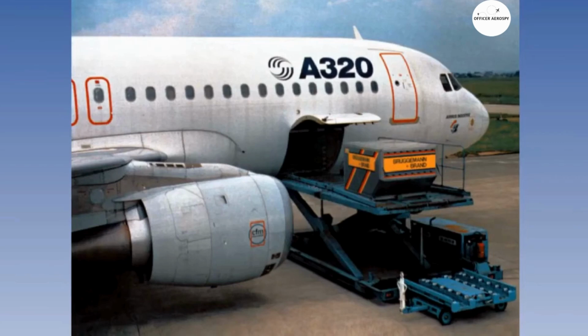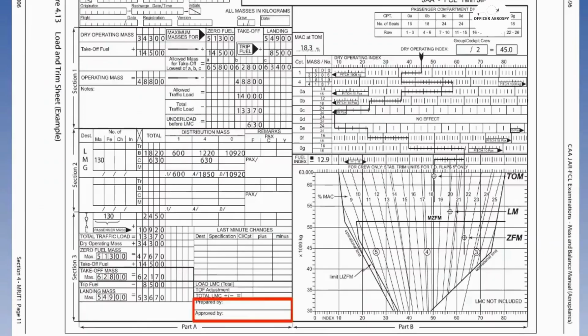So, in today's course, let's understand the subject of mass and balance, which is very essential in the pilot's preparation for every flight, which is subject to airplane performance. This preparation of the flight departure must include completing the mass and balance calculation. You can see the chart here.